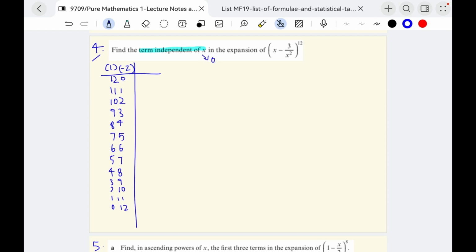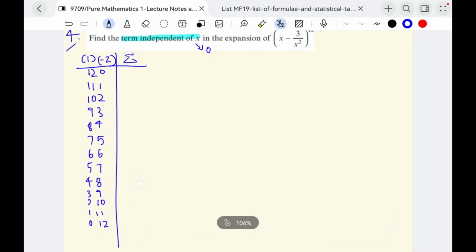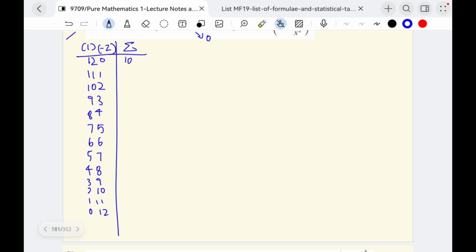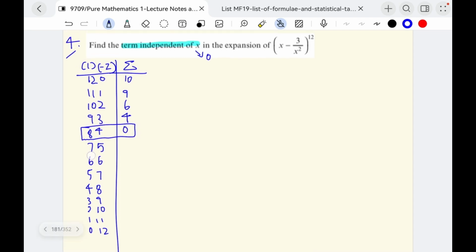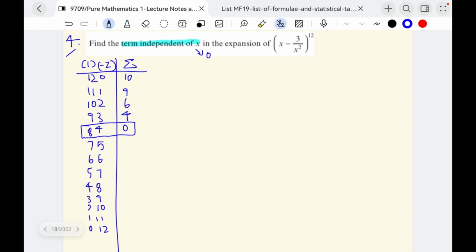So here is the sum: 12 minus 2 is 10, 11 minus 2 is 9, 10 minus 4 is 6, 9 minus 5 you get 4, and 8 minus 8 here it is 0. So put a square bracket like this, in order to get the term independent of x quickly and easily.